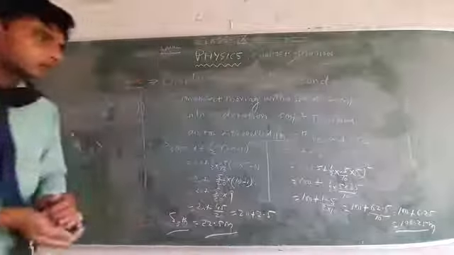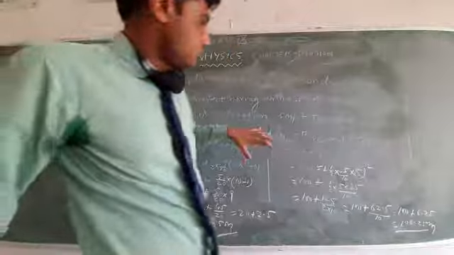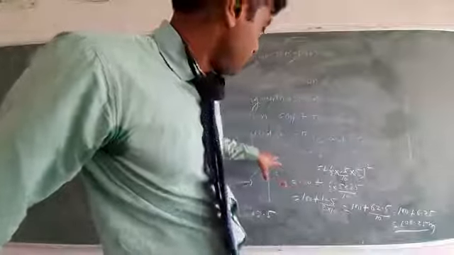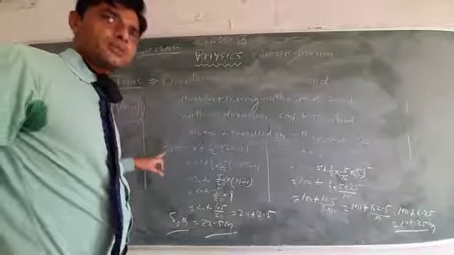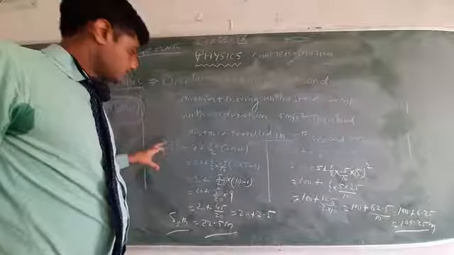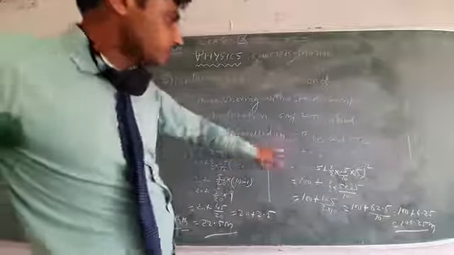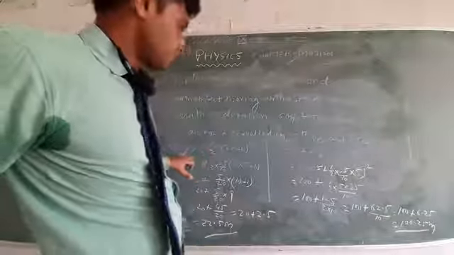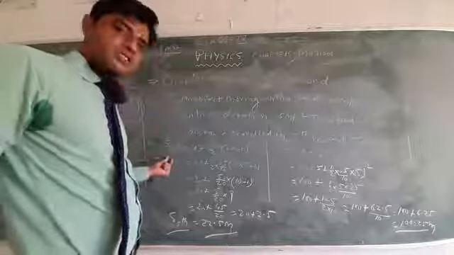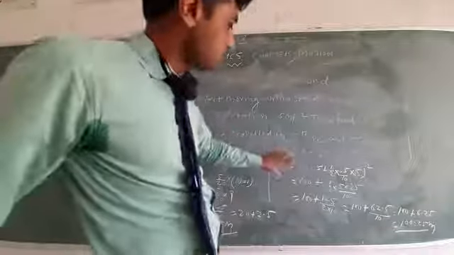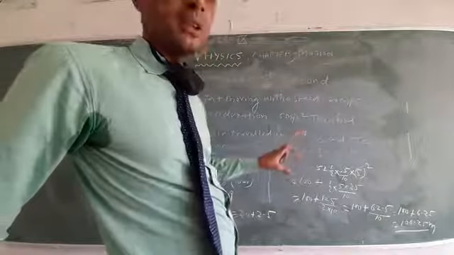So you can see that the value of S is greater than S fifth. You can see clearly this value is always greater than this value, because this is the distance traveled in fifth second, but this is the distance traveled in 5 seconds.